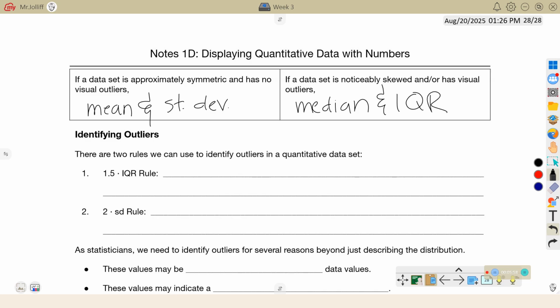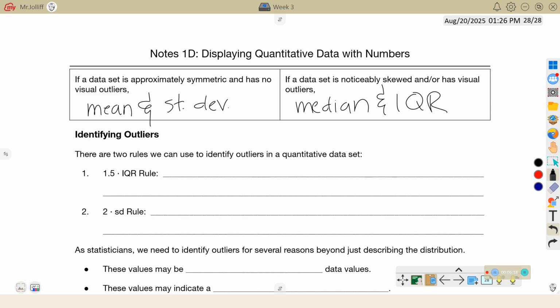And again, that's why center and spread are at the end of SOCS. We do shape and outliers first to get a feel for what our data looks like. And based on our shape and our outliers, we choose an appropriate measure of spread and an appropriate measure of center.